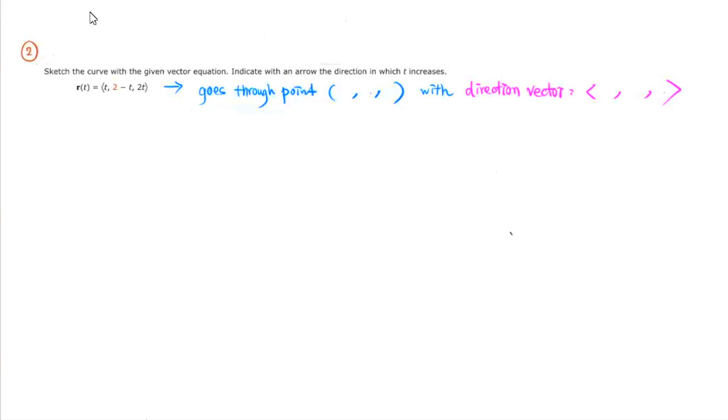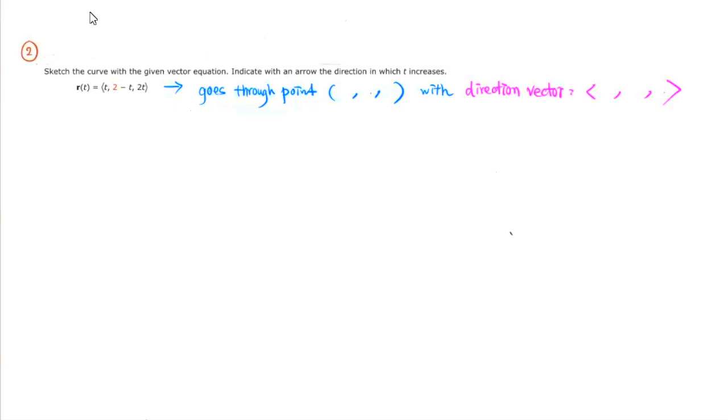And then finally it is positive 2. Which way do I move? We go up 2 units. So you end up with your point over here, then go up 2. So that space curve is this line, passing through this point and this point.